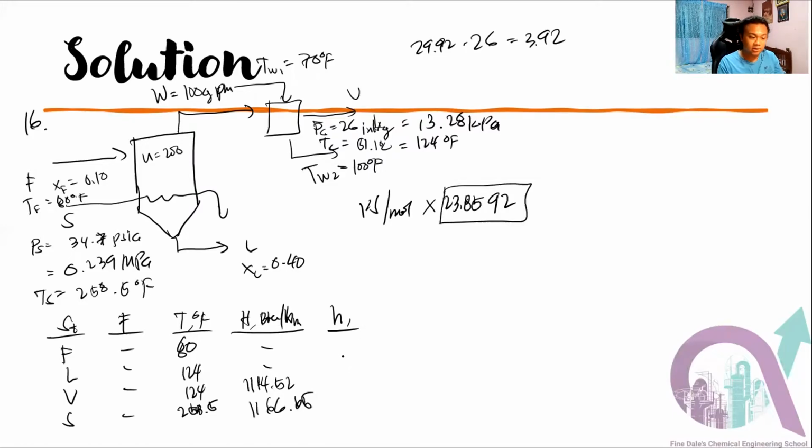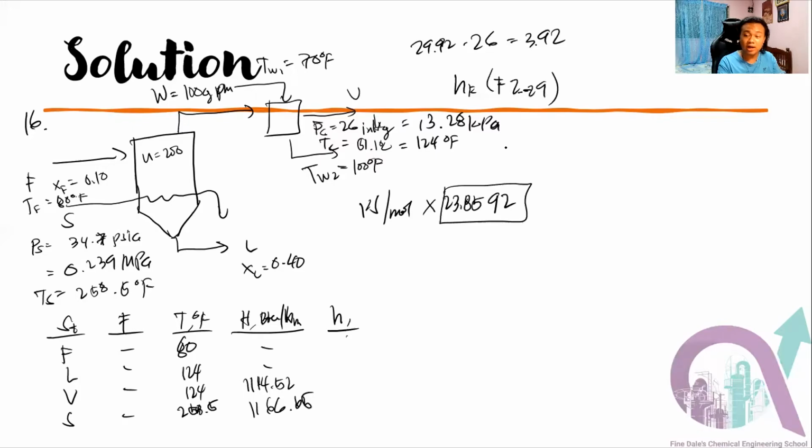So you have HF, we have no data for HF yet, but we can get it from the figure. HF, get from figure 2-29. You have the dashed lines there, so just project it up from 80 degrees Fahrenheit and project it to the left.